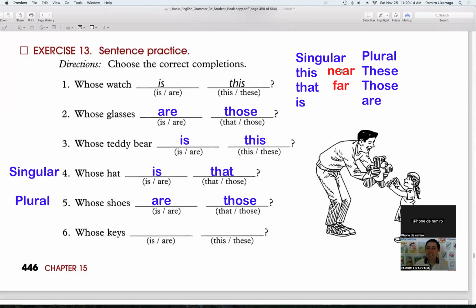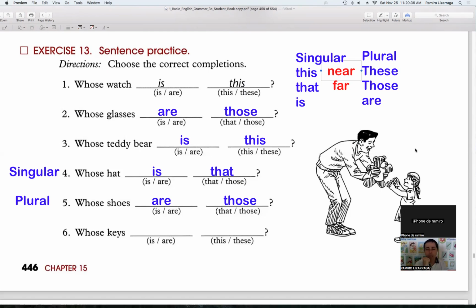Leslie, what does near mean? What does near mean? Or far? Oh, it's far away.